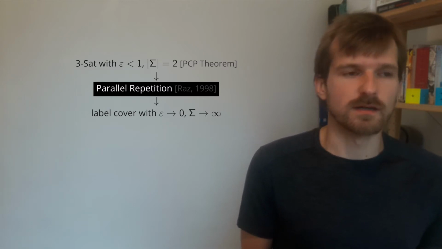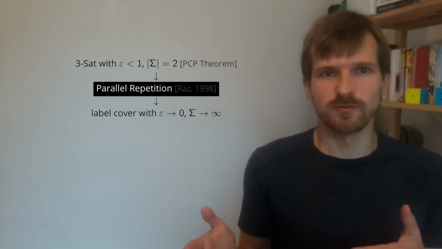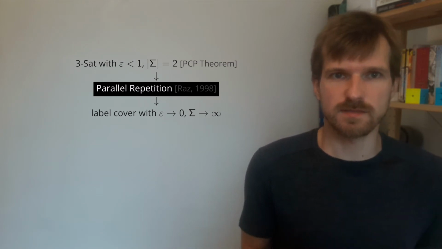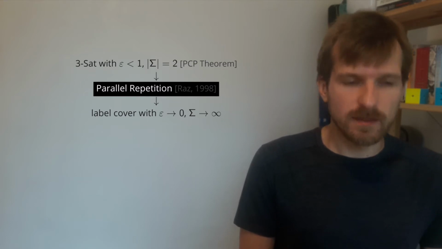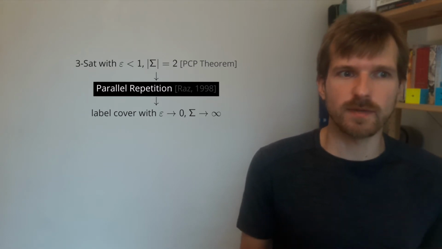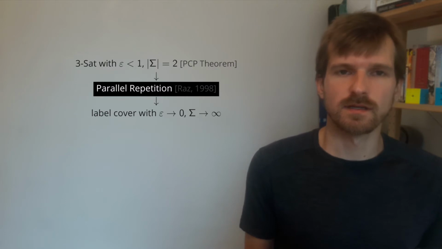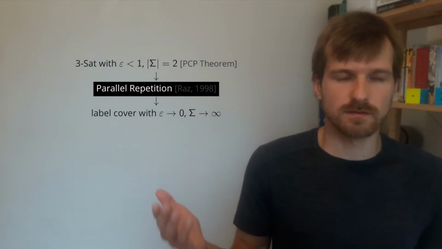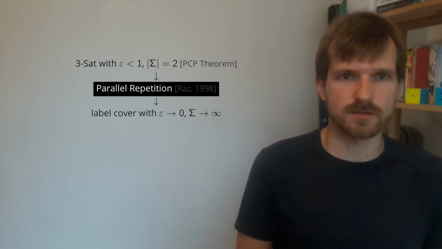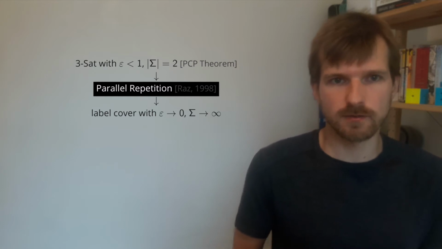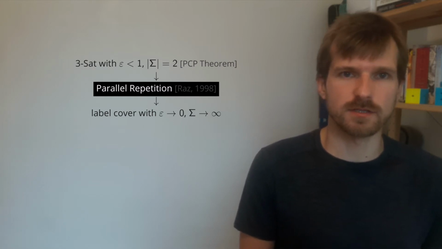Namely, you have to change to a different CSP. You obtain the label cover problem, and moreover the alphabet of the CSP increases. As epsilon goes closer and closer to 0, this alphabet grows larger and larger. So you have to do some more work to get it back to your original CSP.